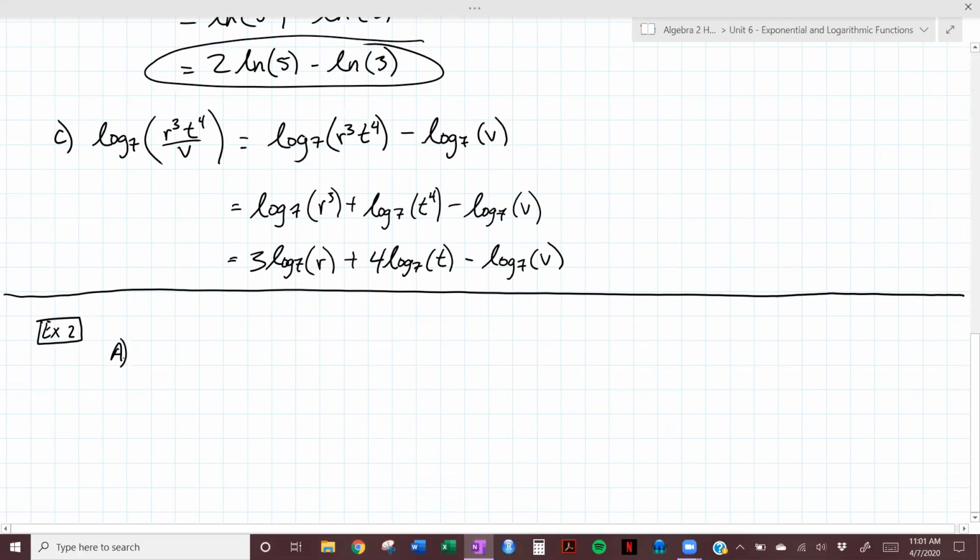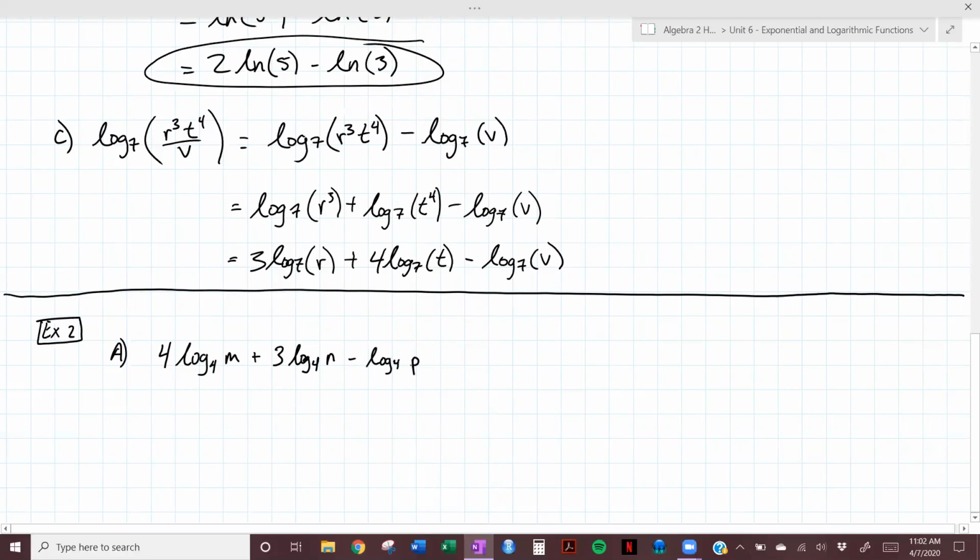So for A, we have 4 log base 4 of m plus 3 log base 4 of n minus log base 4 of p.